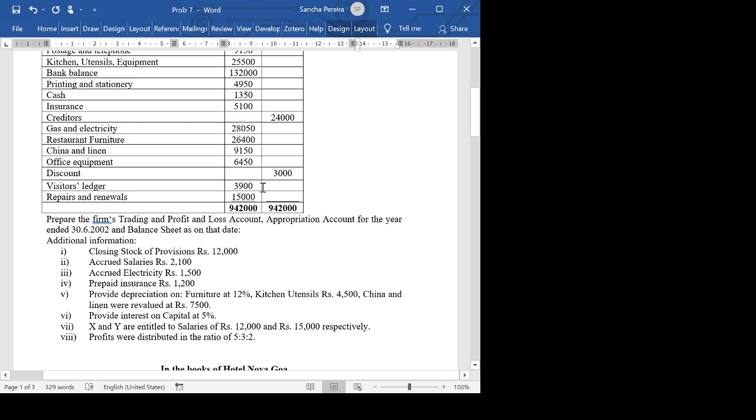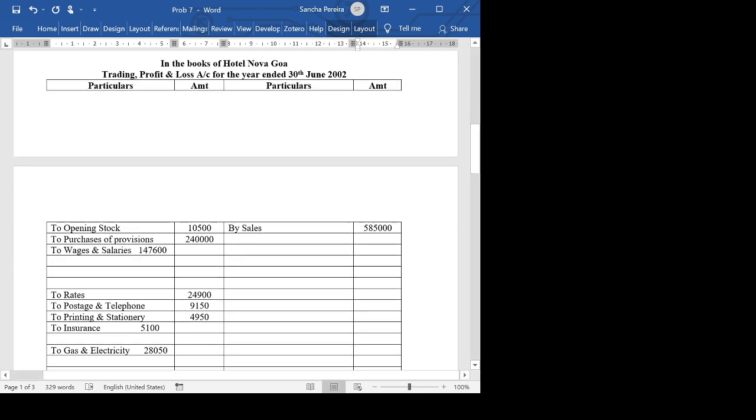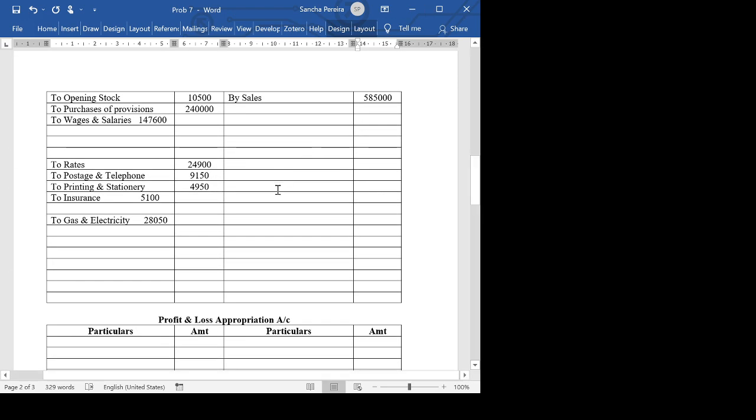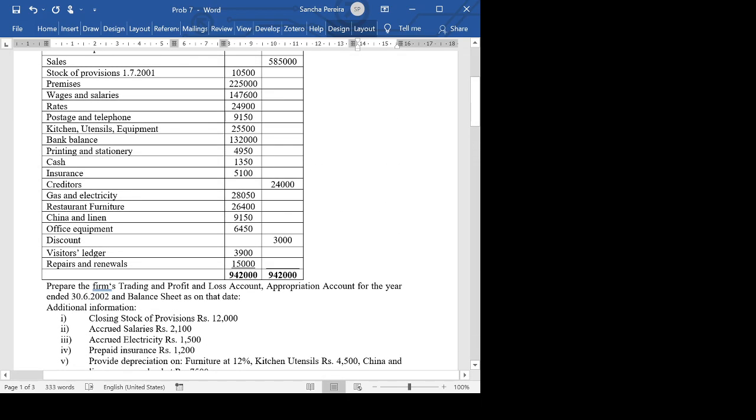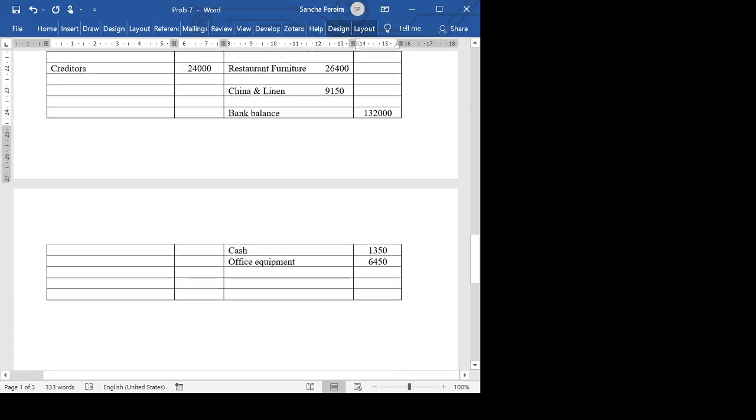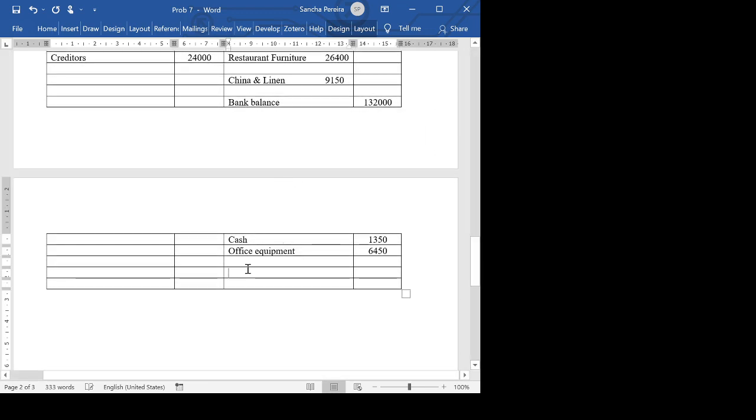So it's going to be discount received on the credit side, 3,000. Leave space for gross profit. By discount received, 3,000. Visitors ledger, 3,900. These are your debtors.